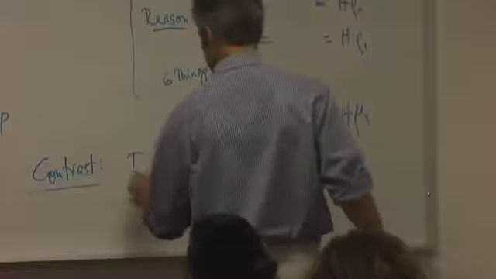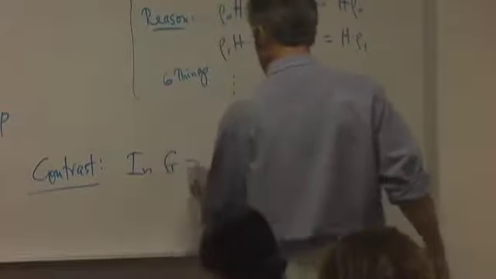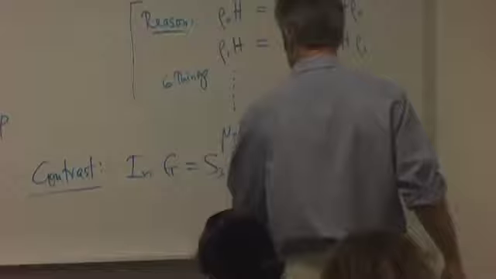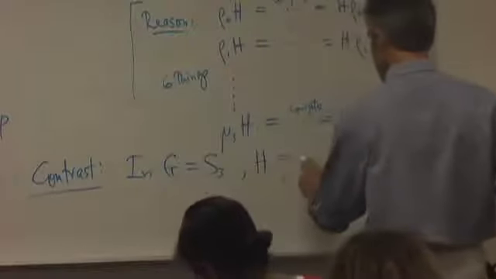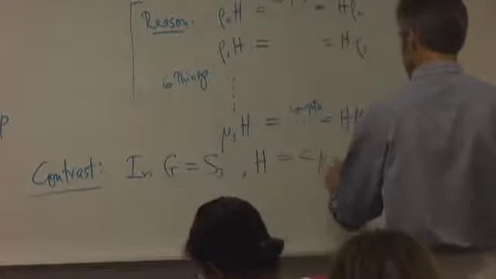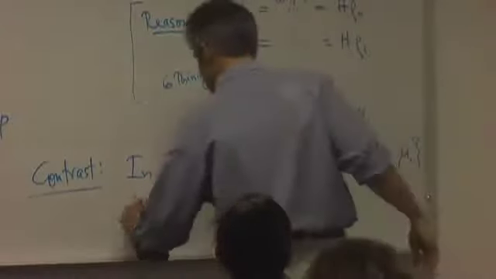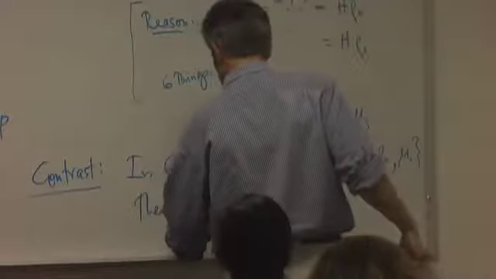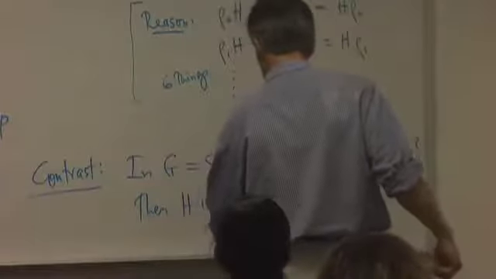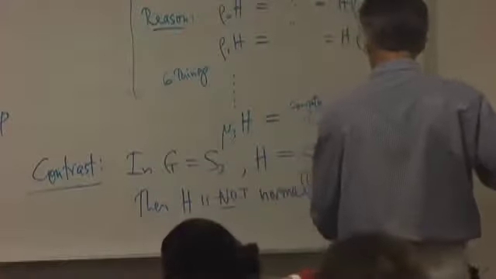But contrast with, in S3, the same group, if we choose instead the subgroup generated by mu1, so that's row 0, mu1, then H is not normal in G.